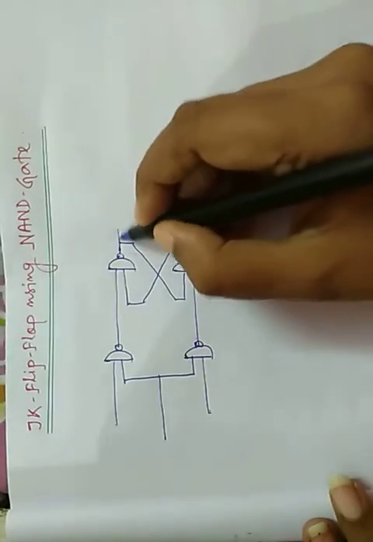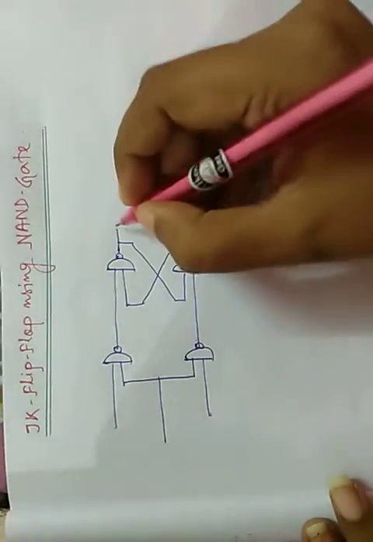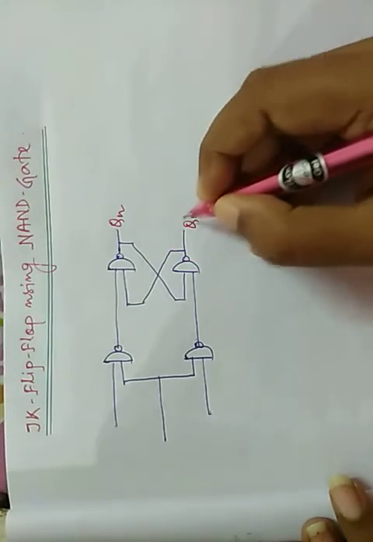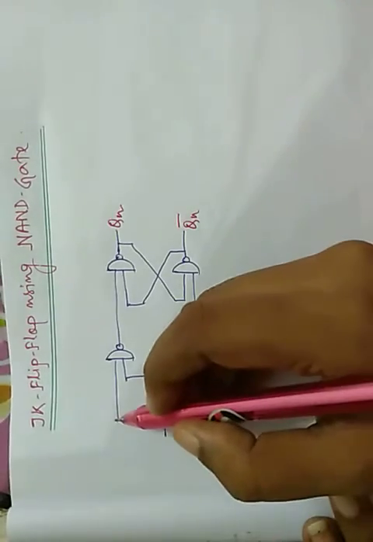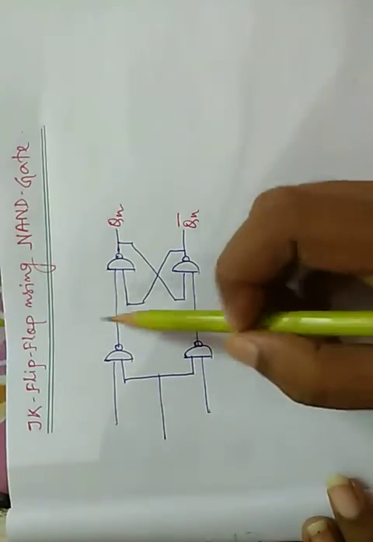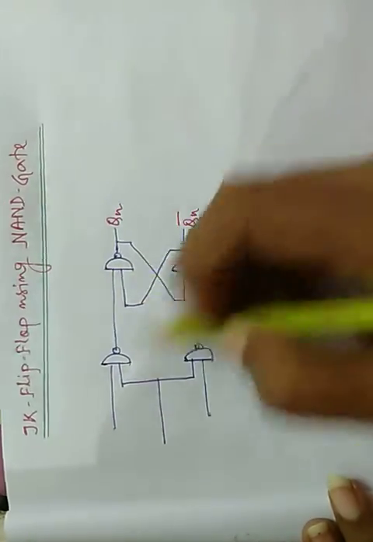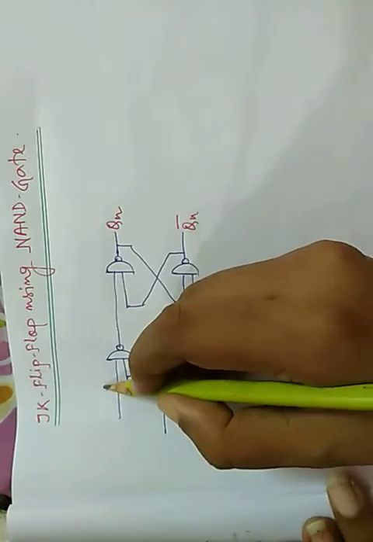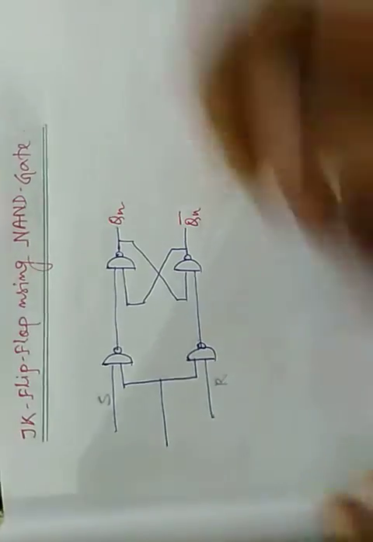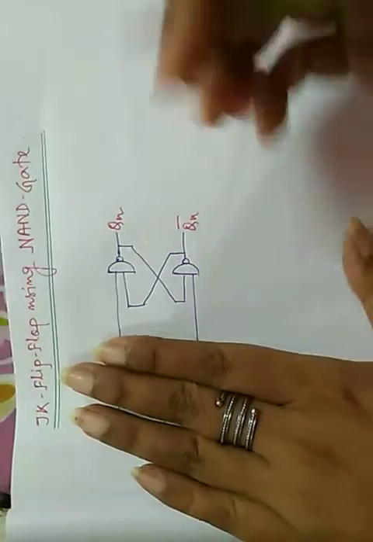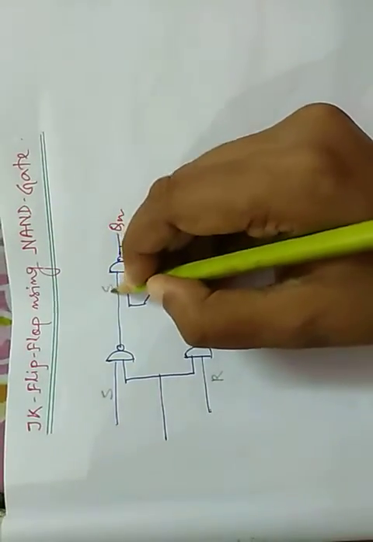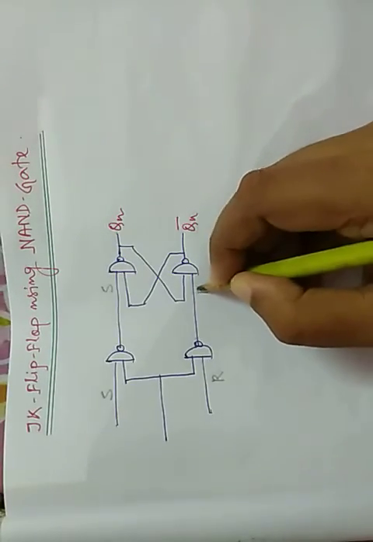So this is our Qn, this is Qn bar, and now we know that for a flip-flop using NAND gate, the upper gate input is S, the lower gate input is R. Now if we remove the clock portion, this is our NAND latch. So for the NAND latch also, here it is S, here it is R.